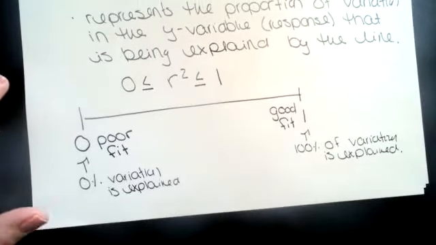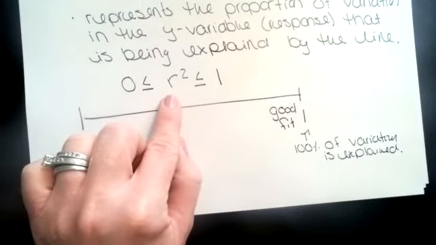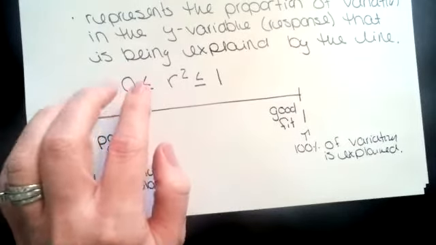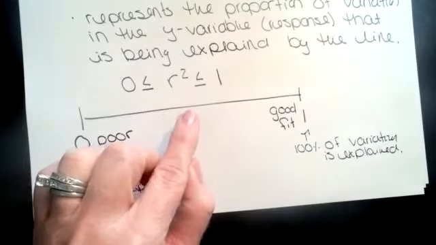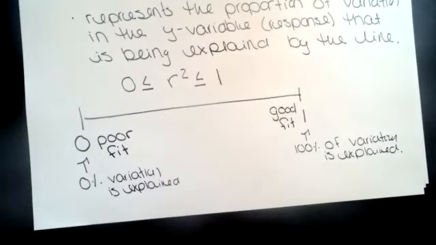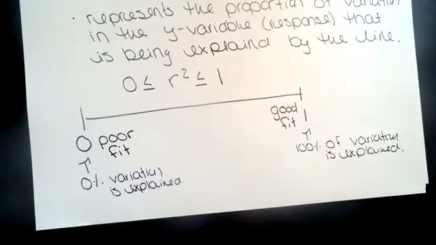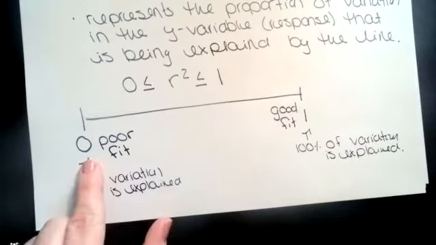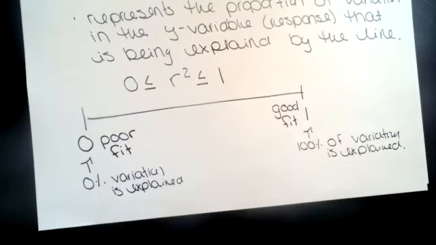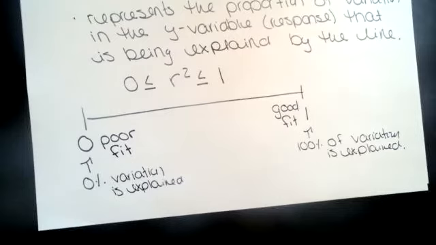So think about it. If lowercase r, my correlation value, can go between -1 and +1, then if I was to square that value, it would always be between 0 and 1, right? It couldn't be anything other than that. First of all, I'm squaring it, so I always know it's positive. And if you're squaring any number between 0 and 1 on the positive or negative side, it only comes out between 0 and 1. Okay? And visualize what's going on.